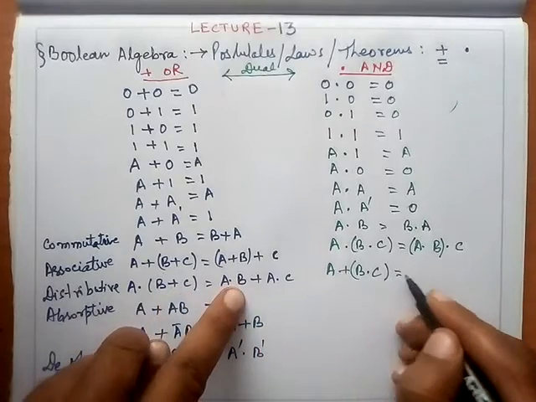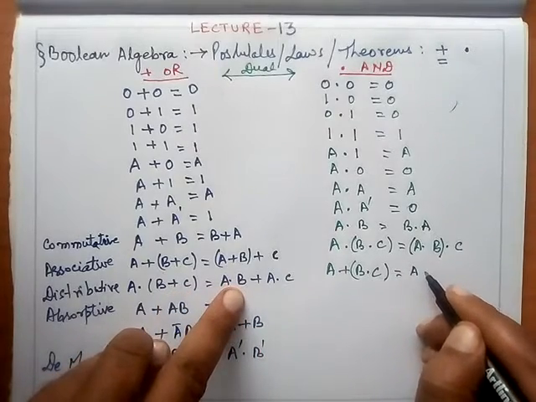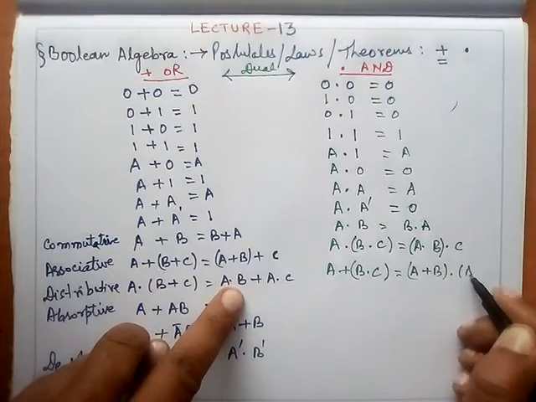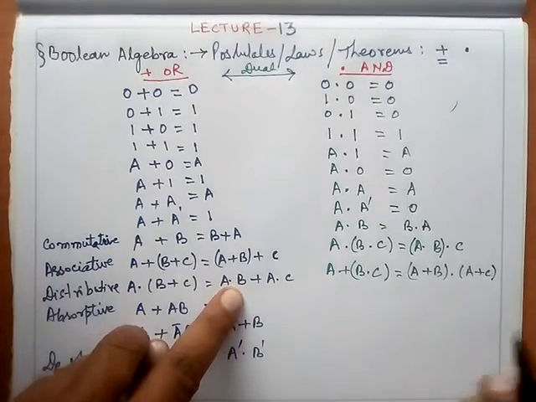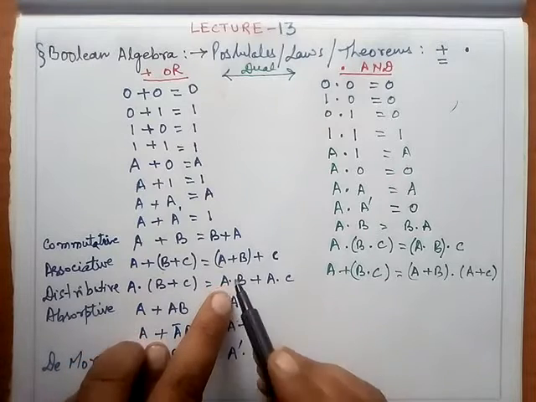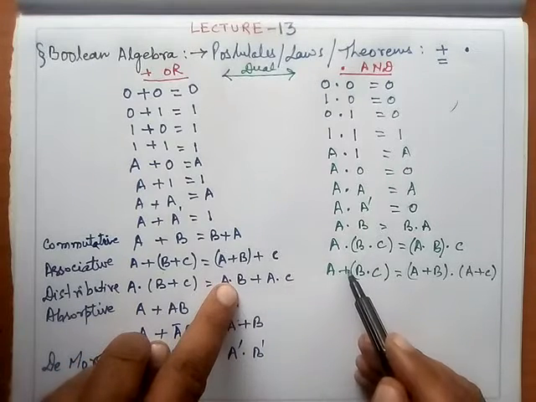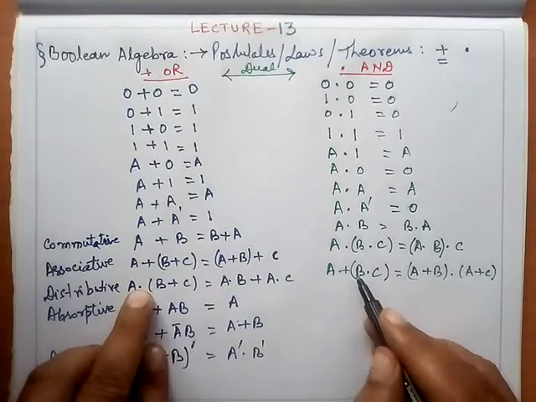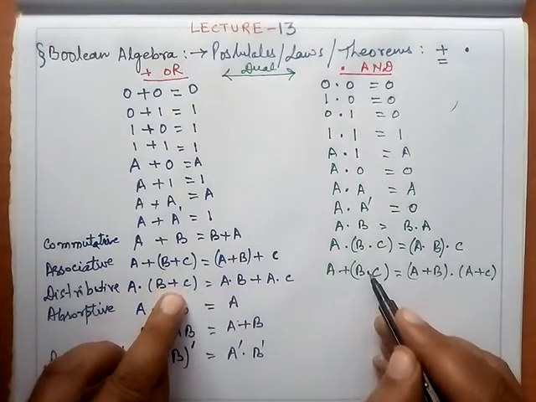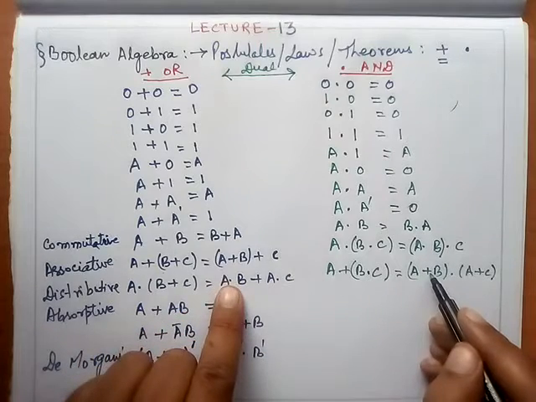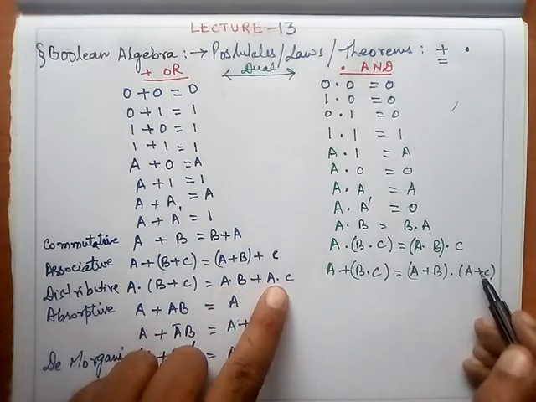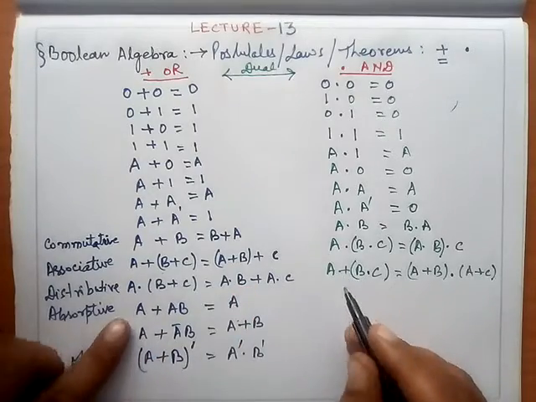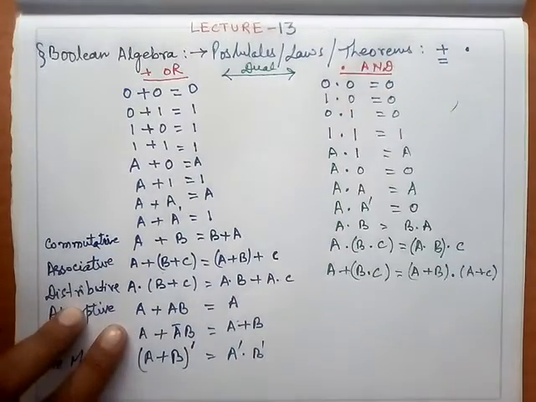This will be equal to A plus B dot A plus C. What I have done here, I have replaced this dot by a plus, and this plus by a dot. I hope this is clear to you. So this is the distributive law for this AND operation.